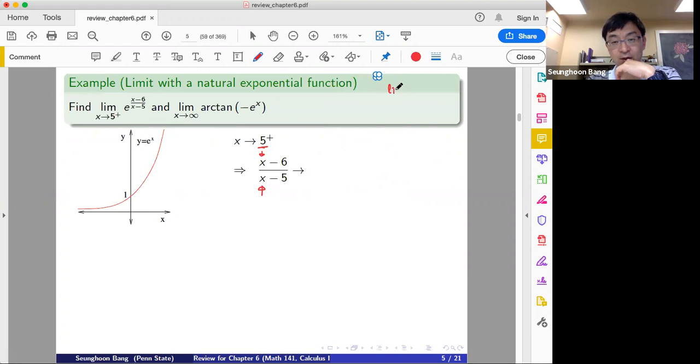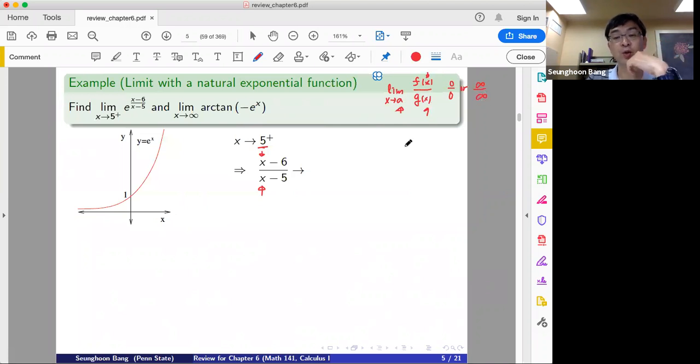The limit as x approaches any number a, or infinity, of a fraction f of x over g of x. You plug a into the top and bottom, and there are two kinds of forms: 0 over 0 or infinity over infinity.